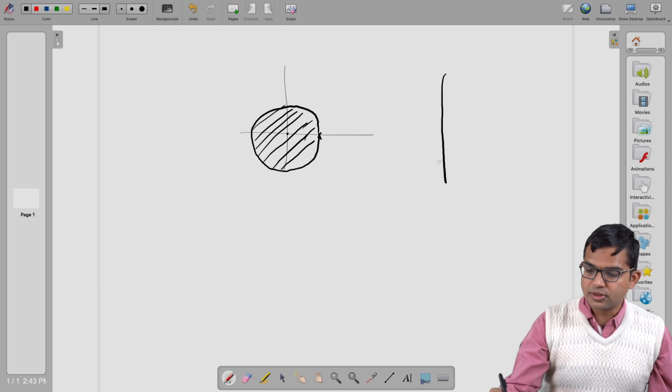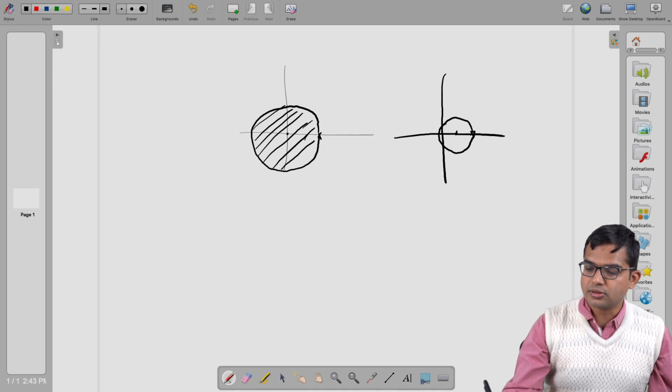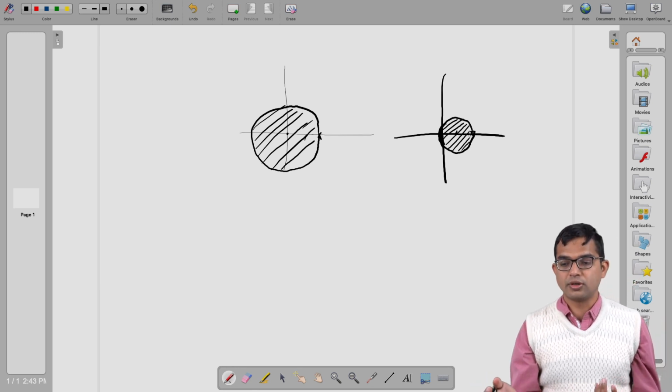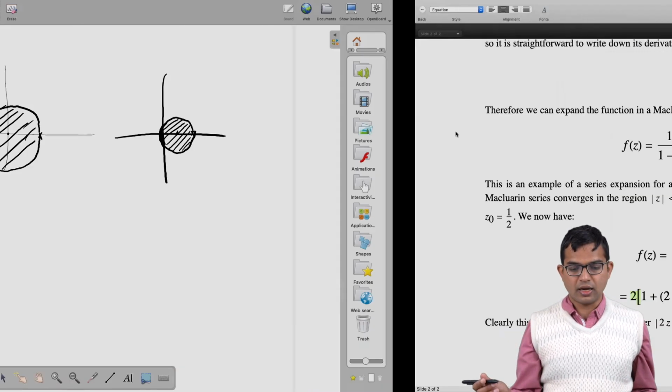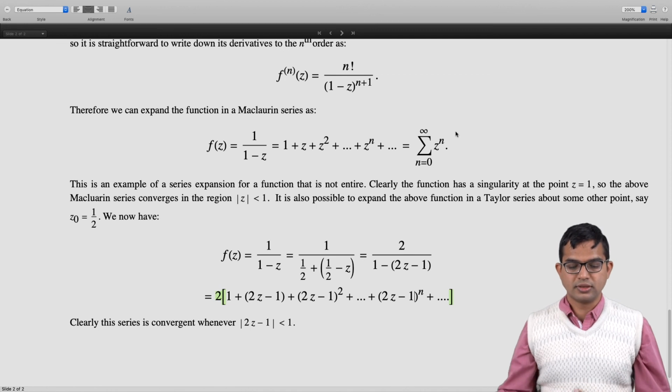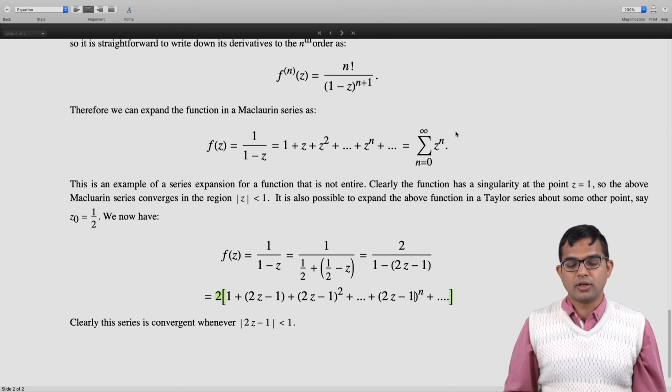But on the other hand, for the same function, if I were to expand about this point half, I find that it's convergent in a smaller circle of radius half. And so the same function has a different Taylor series if you are expanding about a different point, and it has a radius of convergence which is half. And so that's what we have found here: 2z minus 1, mod of this must be less than 1.